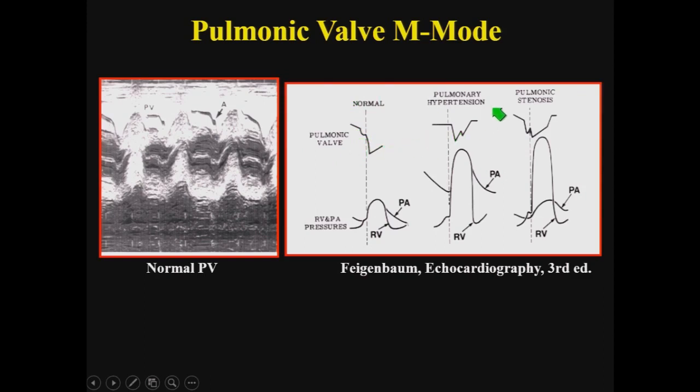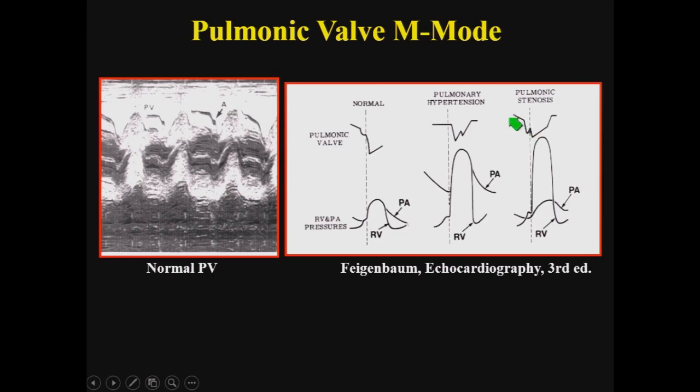And you have to know also that if the patient has severe pulmonic stenosis, then during atrial contraction the right atrial pressure and the right ventricular pressure rise above the pulmonary artery pressure, and therefore the pulmonic valve has a much bigger than normal atrial contraction wave.